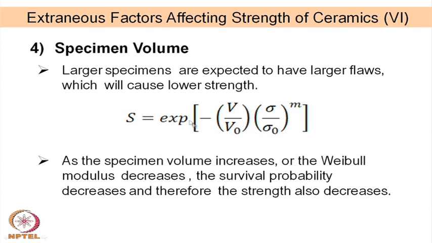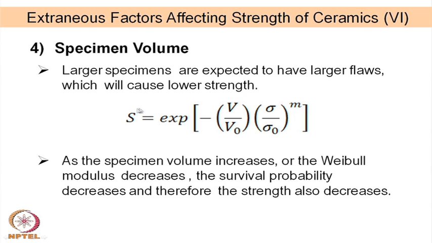Now, here is another important aspect of ceramics, which is not always true for other groups of materials like metals and alloys. The volume size is the specimen size or the specimen volume. The larger specimens are expected to have larger flaws, which will cause lower strength.